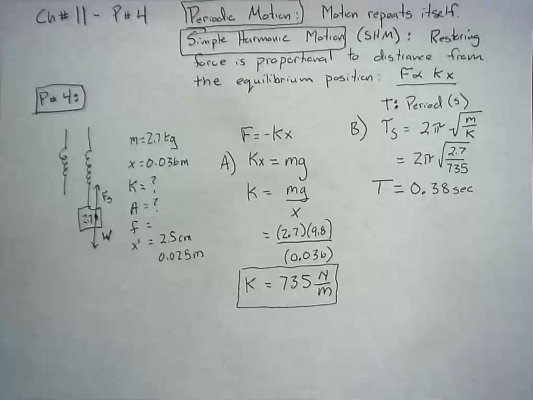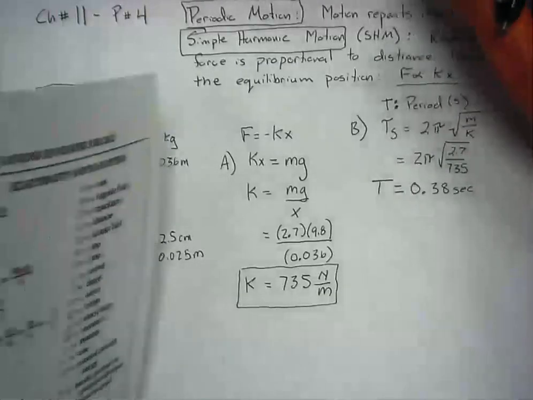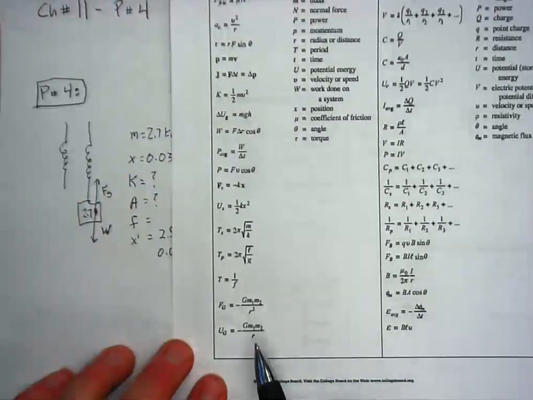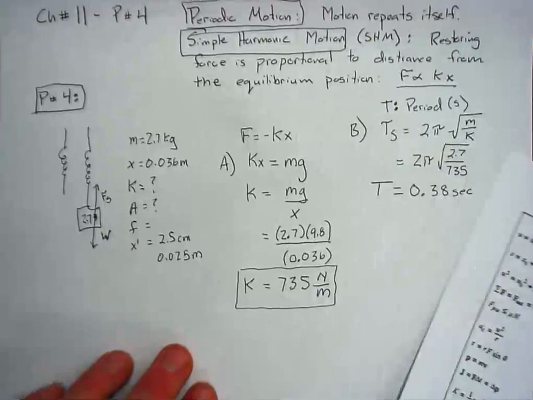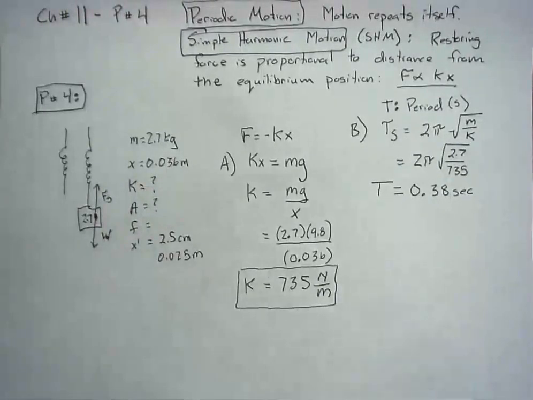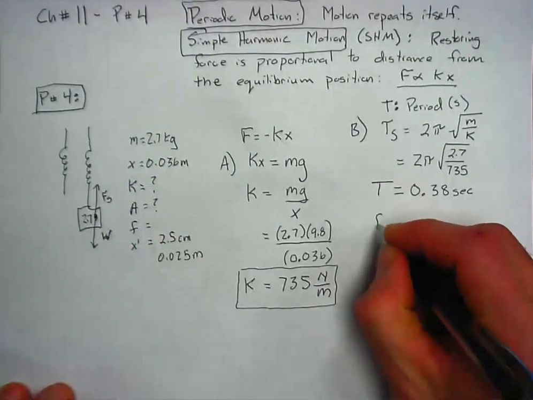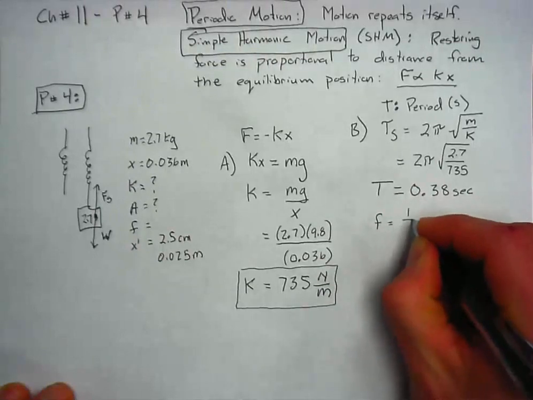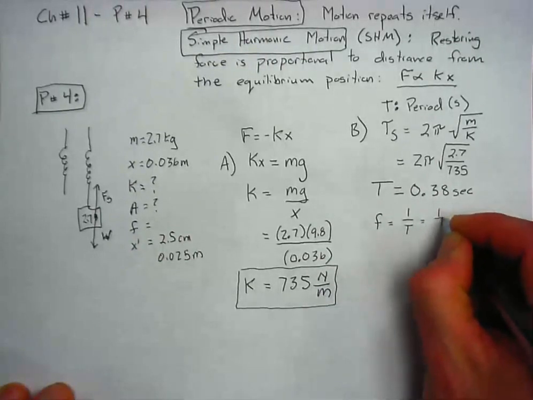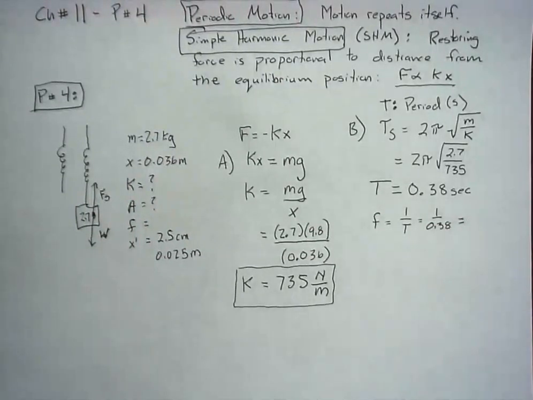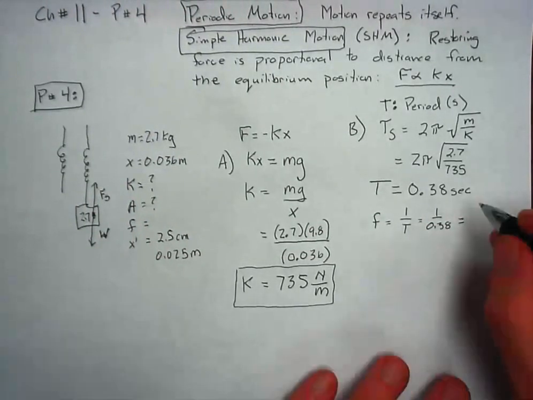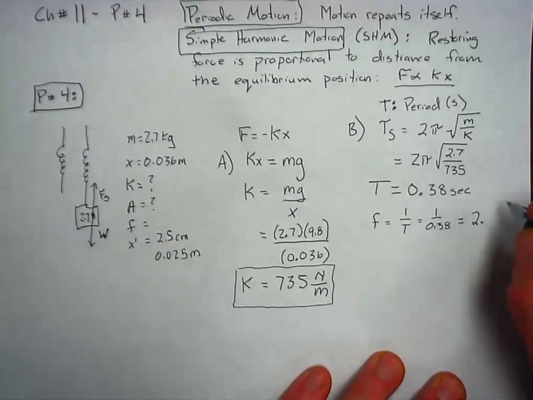Well, how many cycles would there be every second? To get to that, we can use this little relationship here. The period is equal to 1 over the frequency. Let's see if we can figure out what that means. So frequency is 1 over the period, or 1 over 0.38. And that turns out to be 2.63, 1 over seconds.